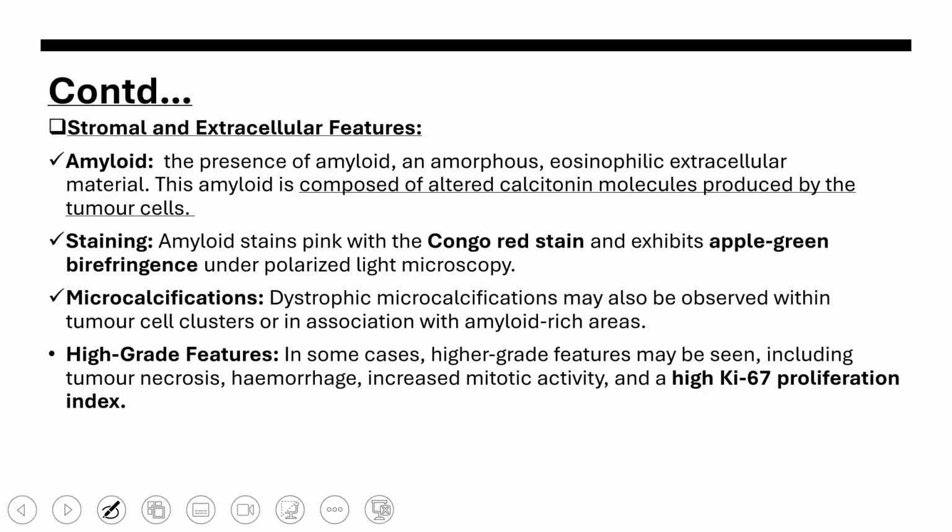This amyloid is composed of altered calcitonin molecules produced by the tumor cells, and it is amorphous, eosinophilic extracellular material. It is stained by Congo red and exhibits apple green birefringence under polarized light microscopy. Microcalcification can also appear within the tumor cell clusters, which is dystrophic type. That means dead cells are present within that, in association with amyloid rich areas.